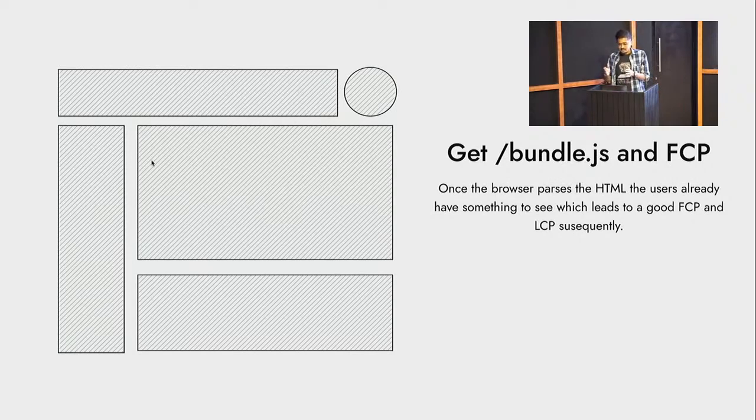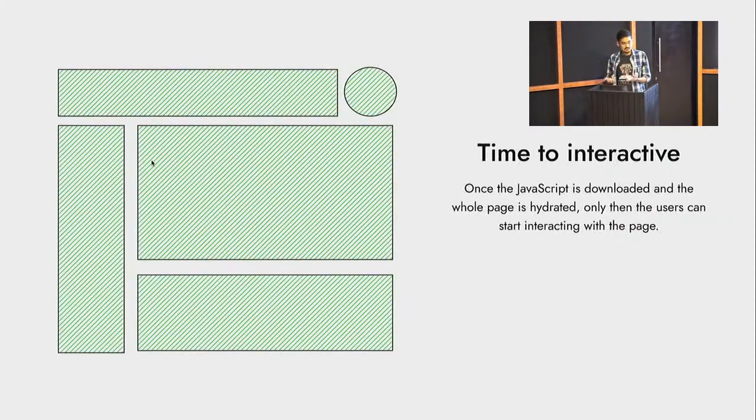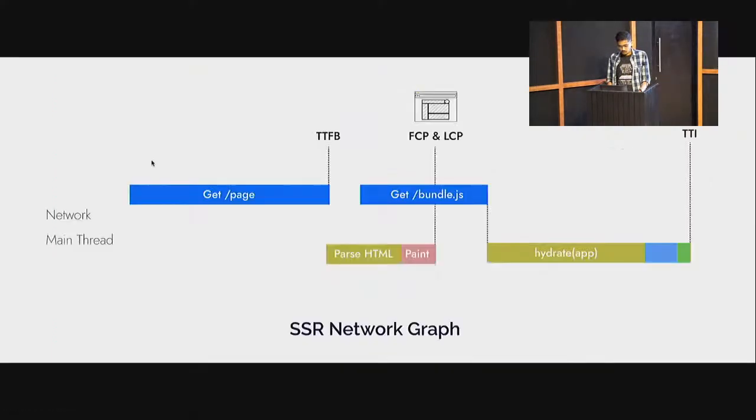So what React does is, it generates the component tree in memory, and instead of generating DOM nodes like we saw in client-side rendering, it attaches the event listeners to the already pre-generated HTML we got from the server. So once that is done, our app becomes interactive and the users can start using it.